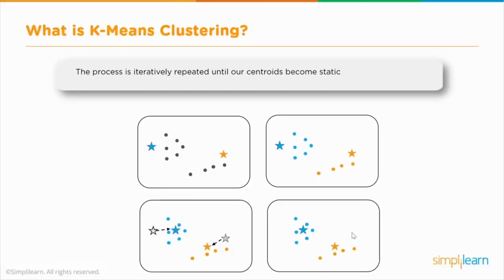Convergence has occurred, and we have the two clusters with a centroid. The process of calculating the distance and repositioning the centroid is repeated till the repositioning stops, which means that the algorithm has converged and we have the final cluster with the data points.